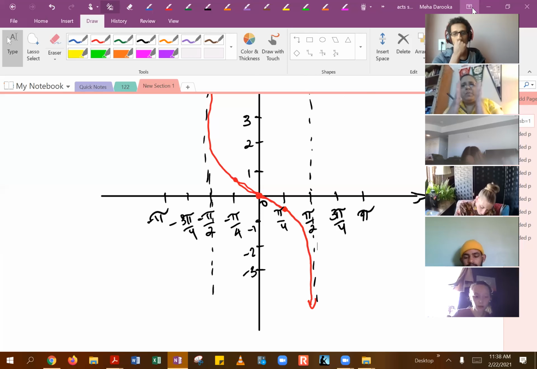If this is 5 pi over 4, this guy will be technically 3 pi over 2. Yeah. So this would actually mean if we had to do a repetition, you should actually have another vertical asymptote right here at positive 3 pi over 2.